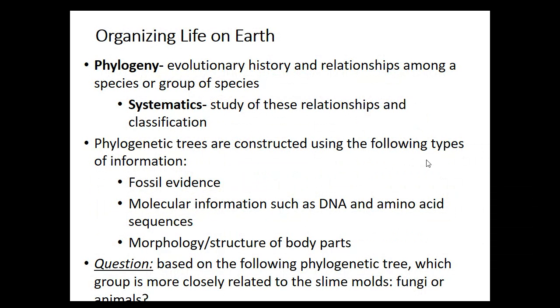Okay, this word phylogeny, because it's a phylogenetic tree. The word phylogeny just means the evolutionary history of an organism or a group of organisms or species, how they're related to each other through evolutionary history. And systematics is the study of evolutionary relationships, trying to figure out how different species are related to each other, what evolved from what.